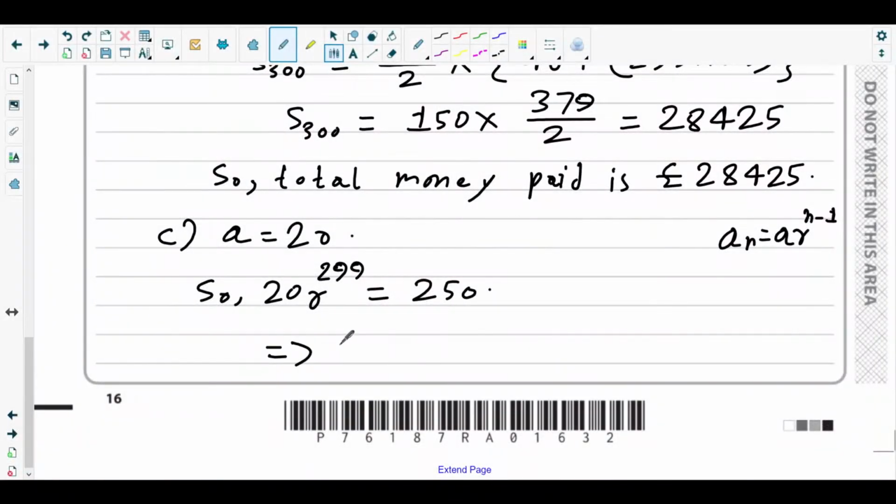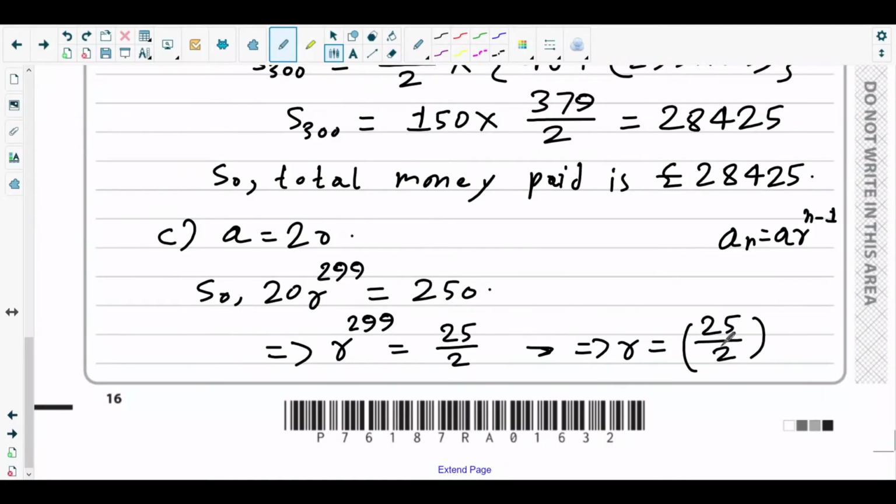So the value of r to the power 299 is 250 over 20, which is 25 over 2. So the value of r is 25 over 2 to the power 1 over 299. We keep it exact, no problem.